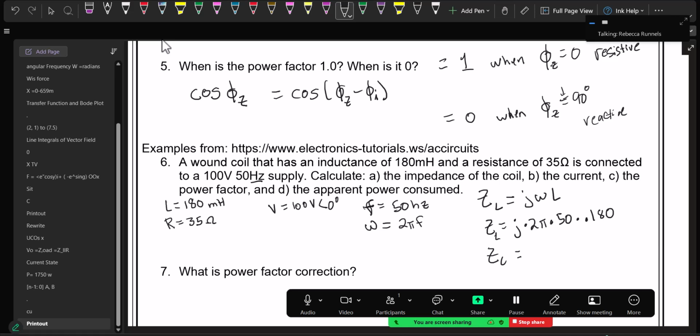And I get that to be 56.55. Anybody have a calculator? We can just believe me. So then our impedance is 35 plus J 56.55. And then let's get that in polar.